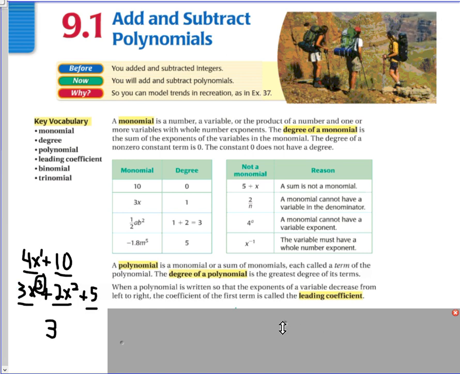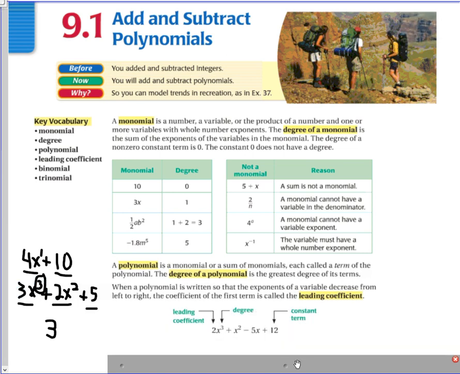That's out front. Just like here, we've got 2x cubed plus 2x squared plus 5x plus 12. Our leading coefficient was our 2. Our biggest degree of the polynomial is 3 because that's our largest one. And then we have the constant term, which is just our number by itself. So in this case, it would be 10. In this case, it would be 5. In this case, it's 12.